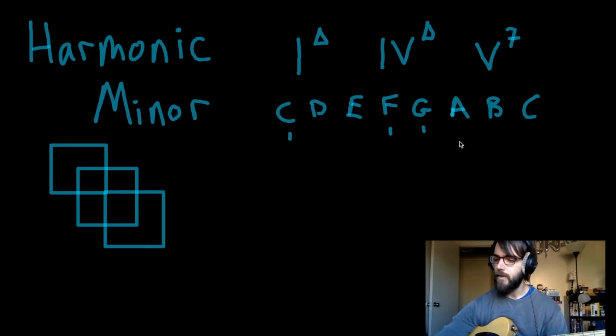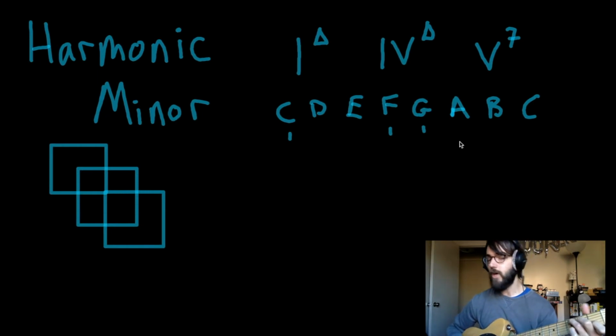All right. So, as we learned from our 7th chords video, we can take a basic triad, like C major, or F major, or G major, and we can add one more note to that to get a 7th chord. And if we do that on the C, we get C major 7, F major 7, and G dominant 7.